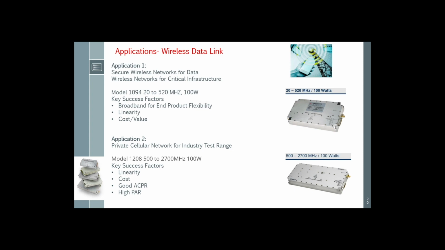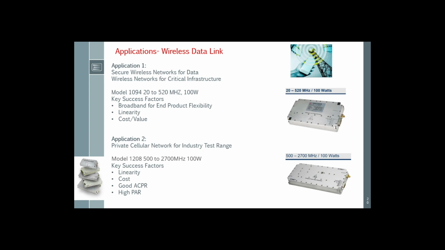Now, the second application use case is a cellular network test range where our 1208 module is used. And yeah, that reminds me, another one comes to mind, not shown, is the disaster emergency mobile cellular towers, also using the 1208.